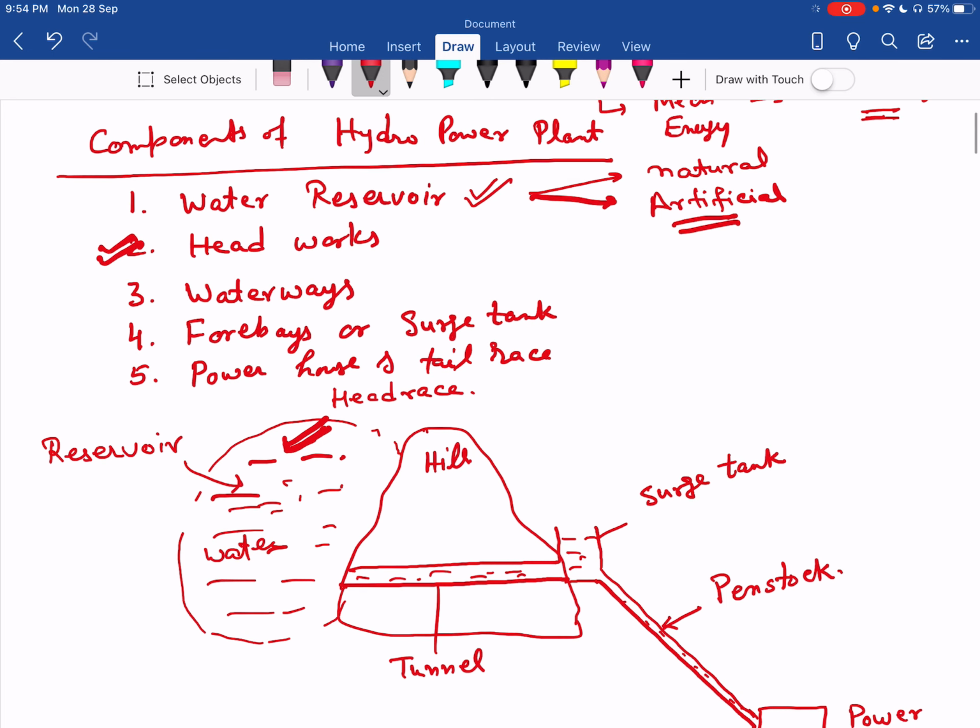So the headworks are the equipment used to control the flow of water into the waterways.